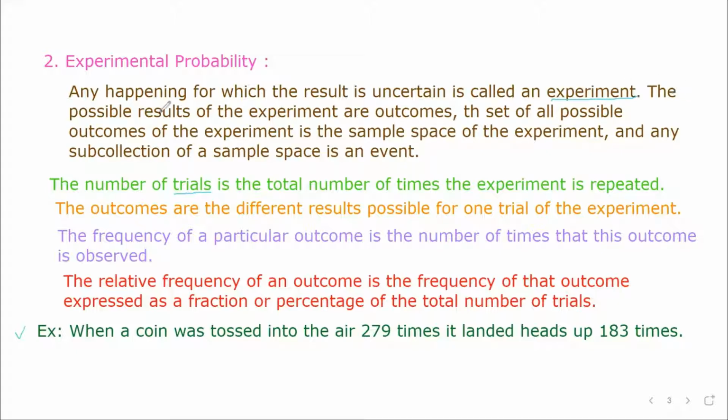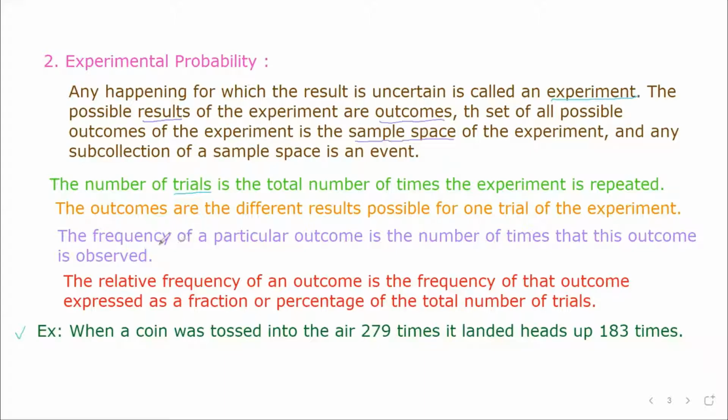And the next one says the possible results of the experiment are outcomes. Of course, result means the outcome. Okay, result means outcome, correct? Or sometimes we call it the sample space. For each experiment, we're going to have the outcome or the result each time.